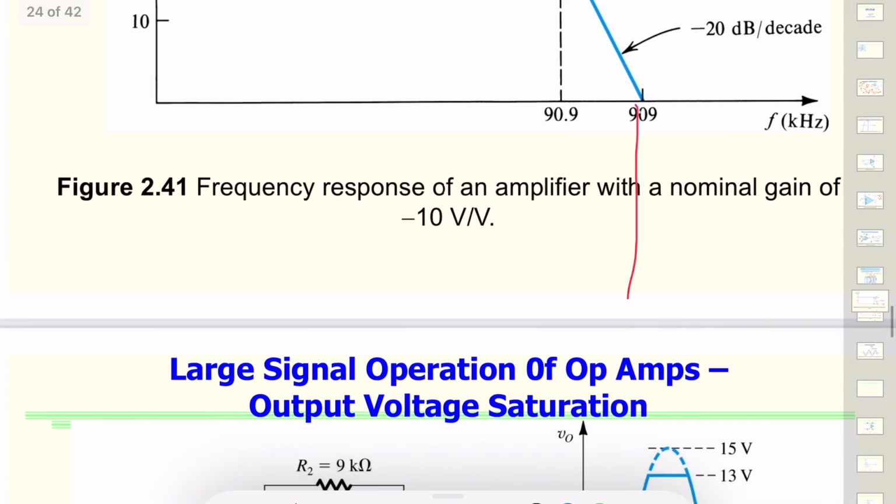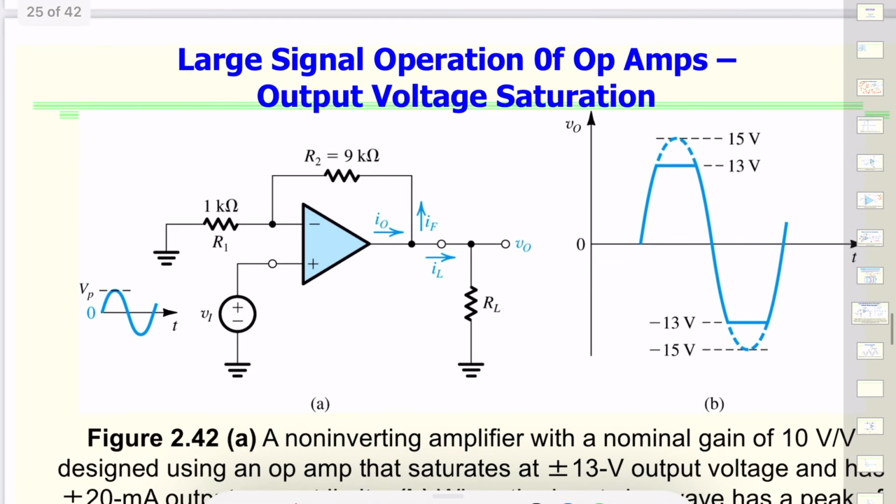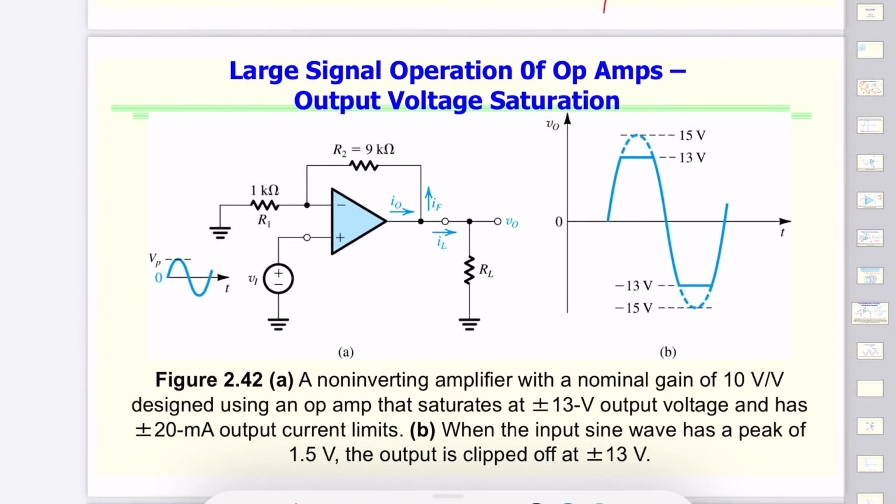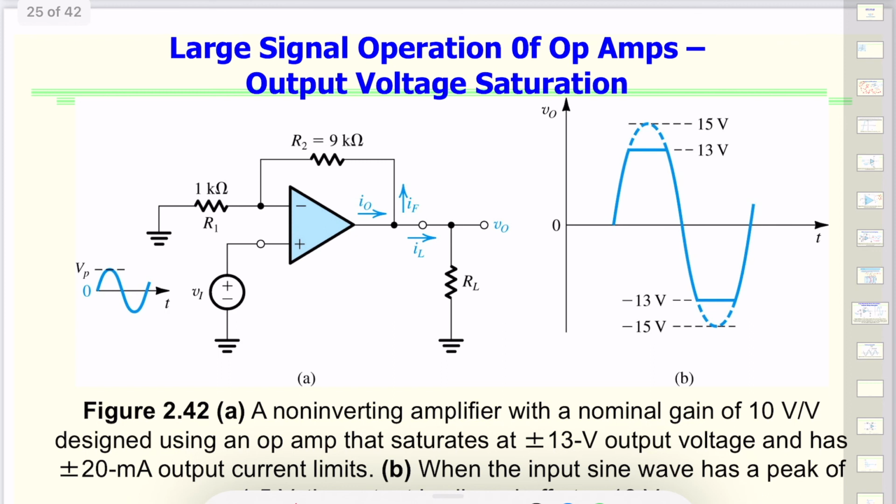So far we have looked at the small signal. But what happens when we have a large signal applied on an op amp, especially when we are talking about saturation, which is in between L plus and L minus? There is a limitation on the performance.